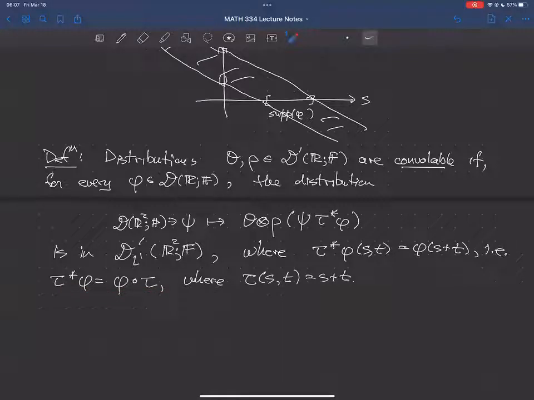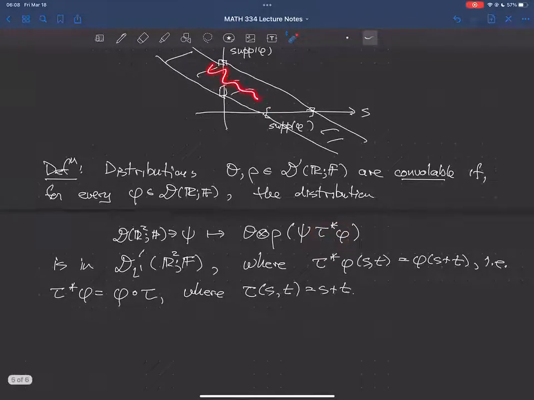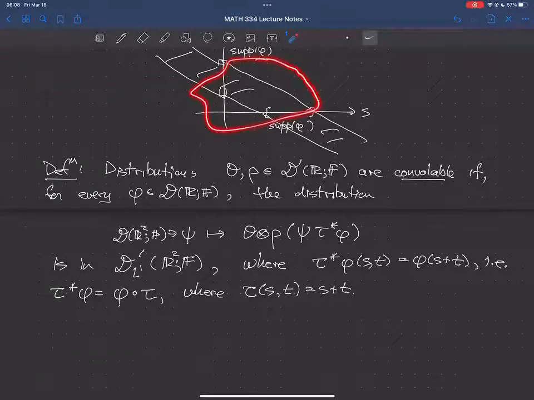The point now is that this function by itself, as I talked about up here, is not a test signal in two variables. However, if I multiply it by a test signal in two variables, psi, because this has compact support, it's going to take the possibly non-compact support of phi and intersect it with the compact support of psi, and the resulting thing will have compact support.